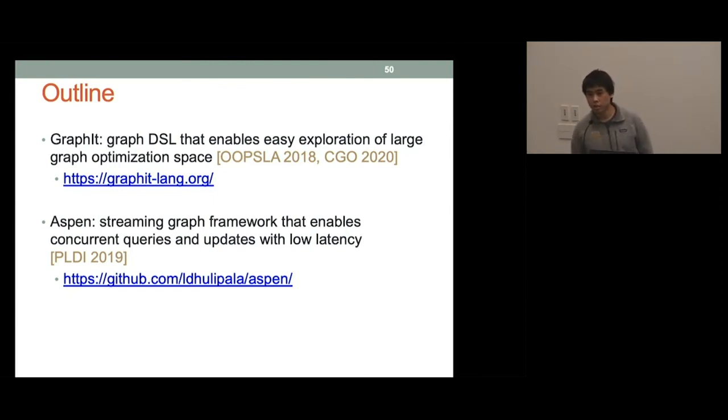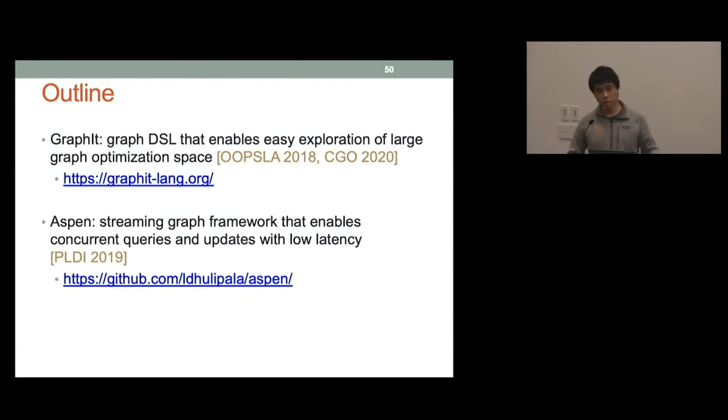You mentioned a related work, Stinger. Is there any open source framework that supports streaming graphs already? So Stinger is an open source framework, and it supports streaming graph processing.